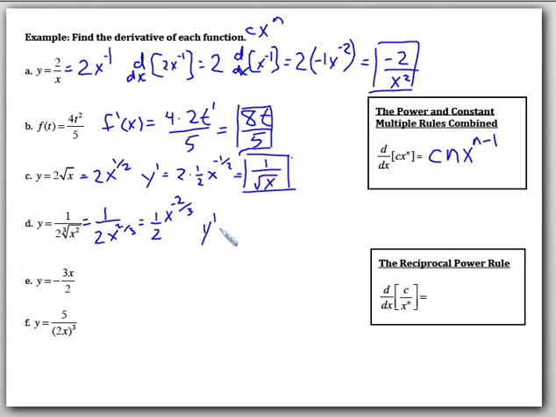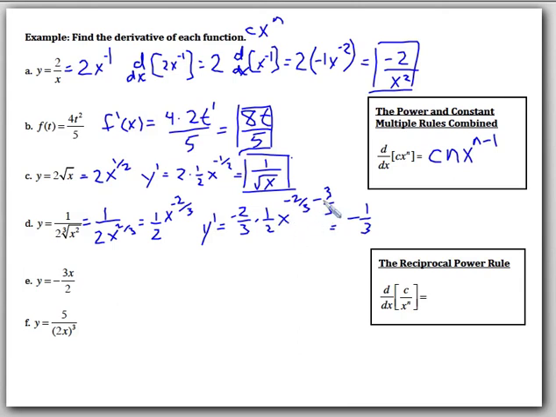Okay, so we're going to go negative 2/3 times 1/2 x to the, let's see, well, we want negative 2/3 minus 1. And instead of writing minus 1, let's write minus 3/3. So negative 2/3 times 1/2 is going to be, let's see, the 2's are going to cancel, so we're left with negative 1/3.